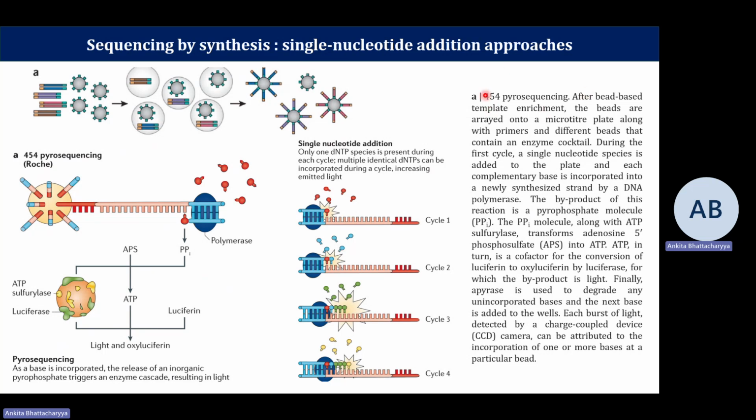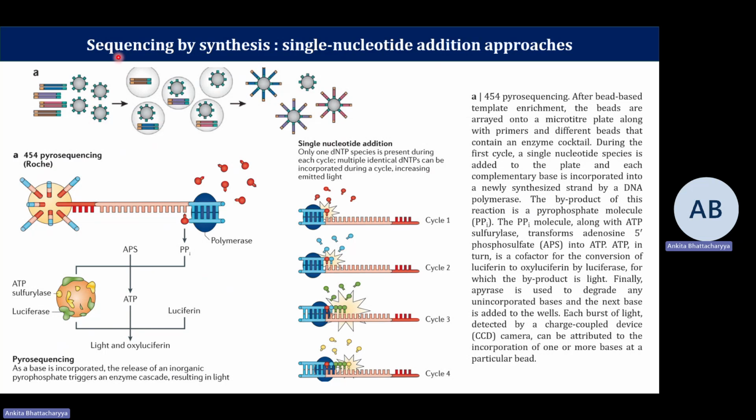So that included the 454 pyrosequencing method, which involved an initial step of bead-based template enrichment using the emulsion PCR method, like you can see here, where you have your sequences of interest, the template sequences, which are ligated with the adapters, and along with that we have these microbeads, which are then subjected to droplet generation.